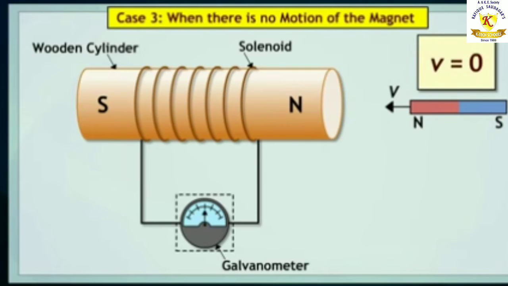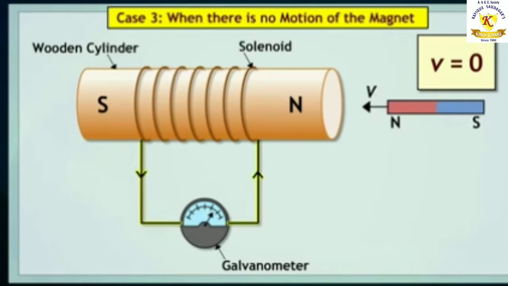The galvanometer shows 0 reading when the motion of the magnet stops. This proves that as long as the magnet keeps moving, current flows in the solenoid.